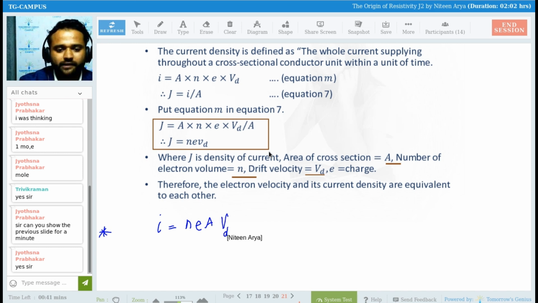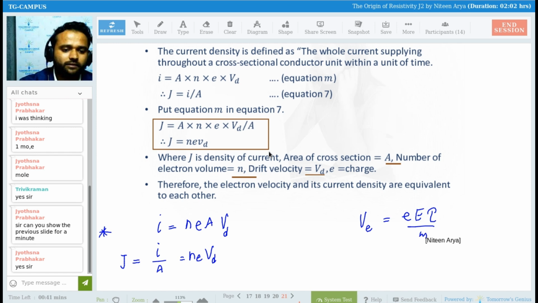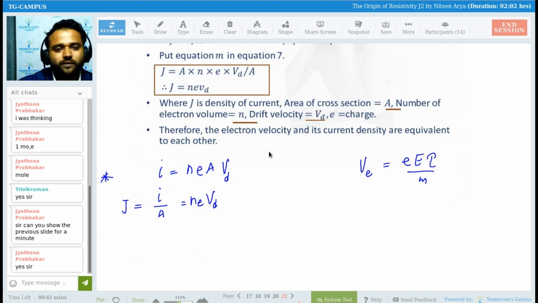Then I by A, which is current density J. Simply write J, that is nevd. If we write the formula of Vd, which is minus E tau by m, putting here and in J also.